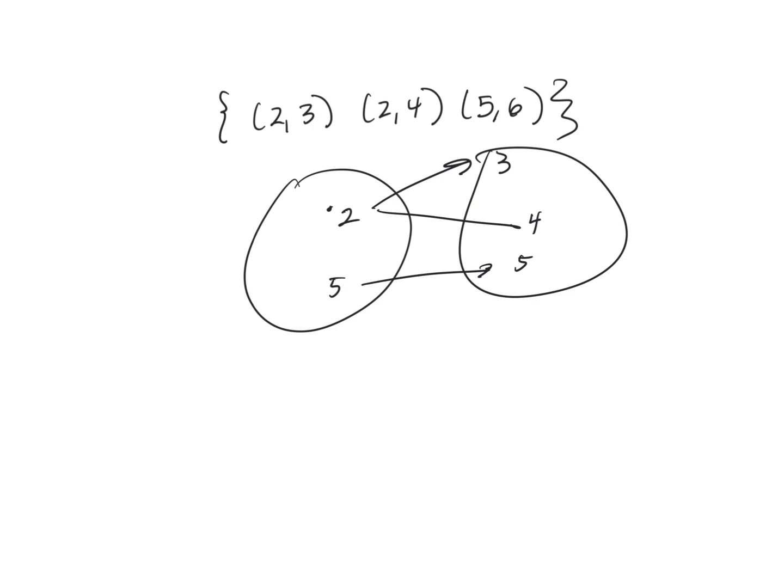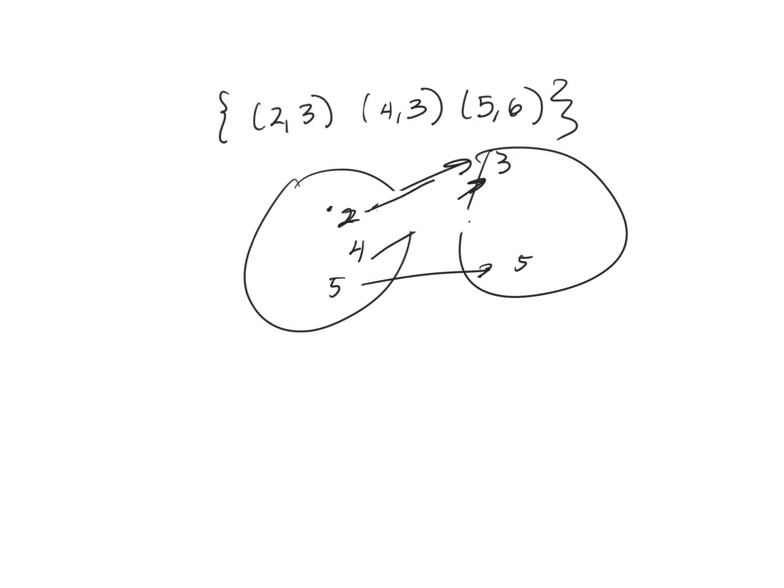But if I change that, my second point, I had 4 going to 3. We didn't have this point. And this is a function.